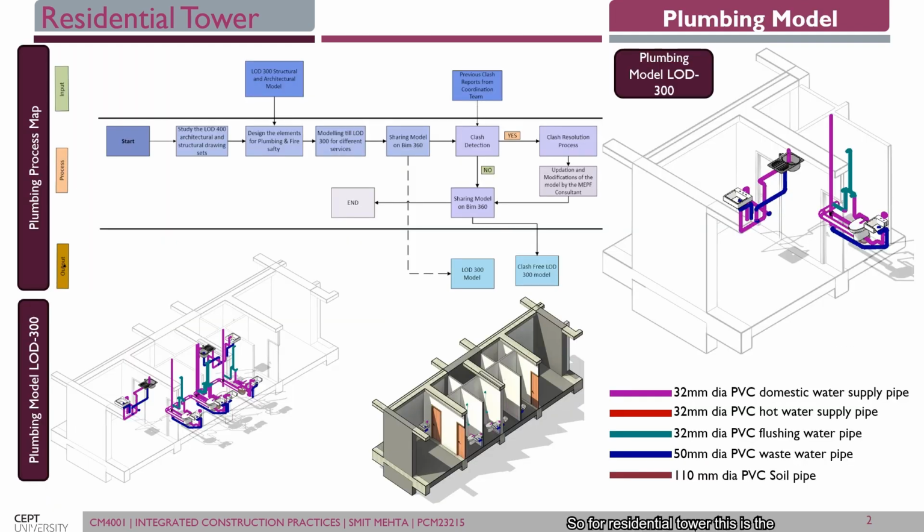For the residential tower, this is the plumbing model, for which we have done the plumbing model process mapping. The process starts with the LOD 400 architectural drawing and structural drawing sets.